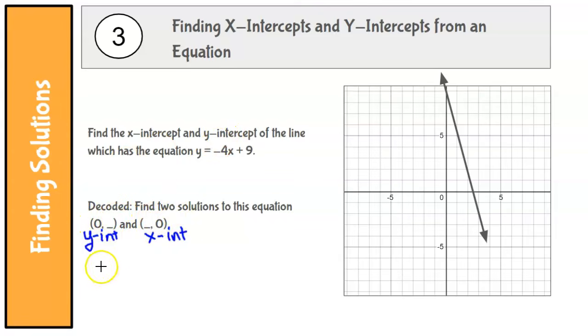So let's do that really quick. Y equals negative 4 times 0 plus 9. That just becomes y equals 9. The x-intercept, we're going to put 0 where the y is.